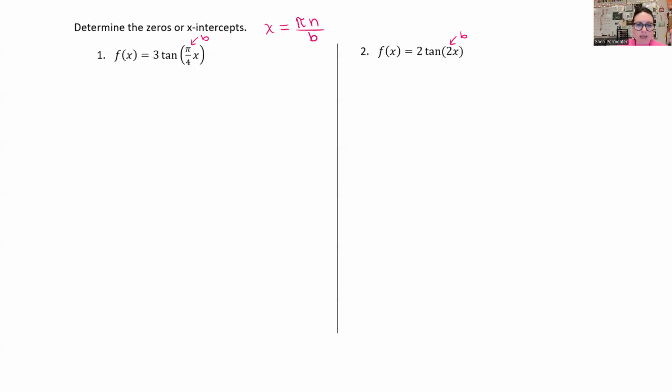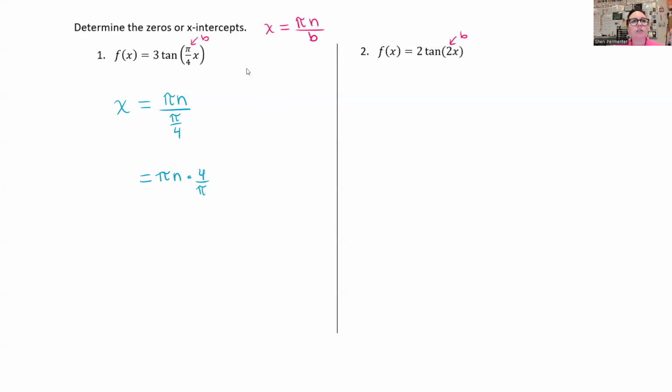So we're going to set x equal to pi n divided by b. Again, we're dividing by a fraction, but we can do this. Pi divided by 4. When we divide by a fraction, we've got to flip. So this is going to turn into pi n times 4 divided by pi.